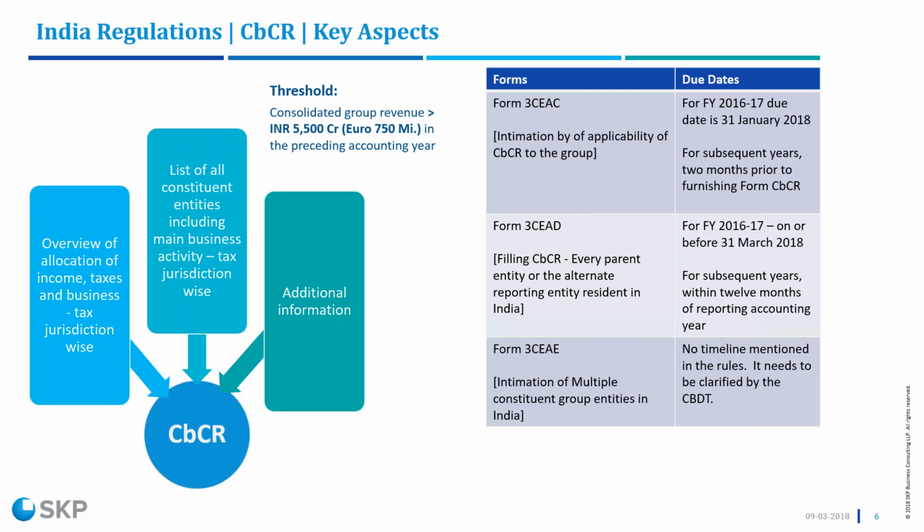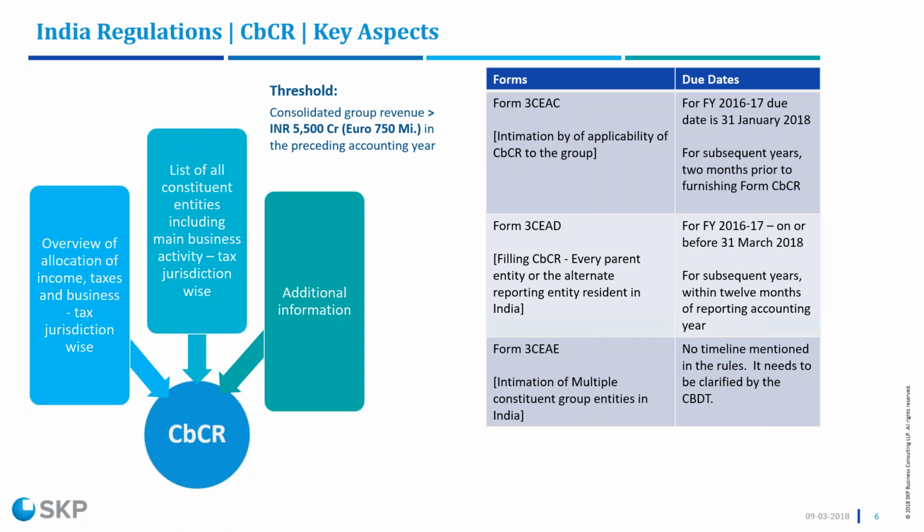Otherwise, where the group has prepared the country by country report and there exists an exchange of information agreement between India and the other country, the Indian company would just have to intimate the Indian tax officers some details about where the country by country report is prepared. So for foreign companies operating in India, the CbCR is more of a compliance exercise, especially with countries where there is already an exchange of information available.